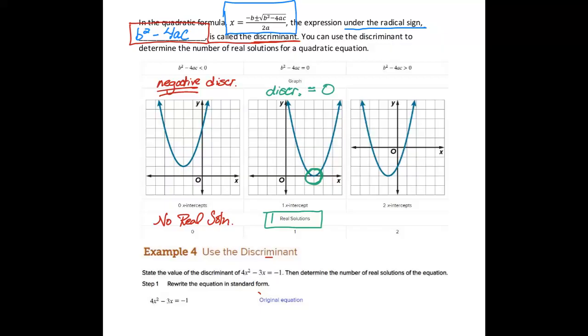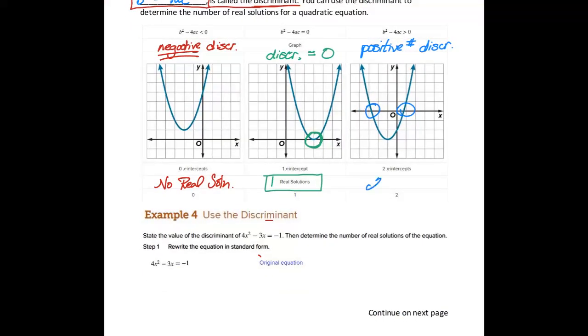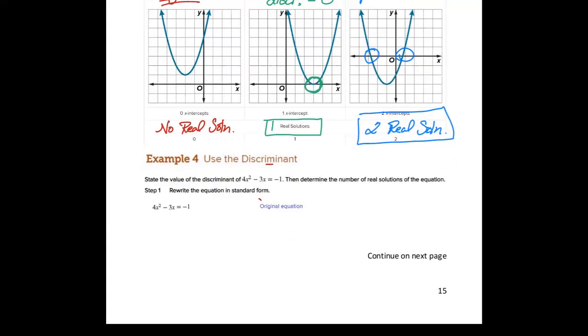And most of the time, if your discriminant is greater than 0, so if you have a positive number for your discriminant, it's showing like here, you are going to have 2 real solutions. The key in all of this is to simplify the discriminant correctly. And that's what we had problems doing before.